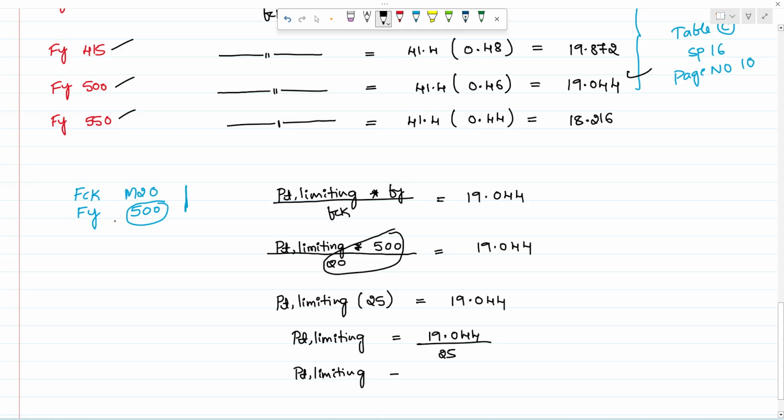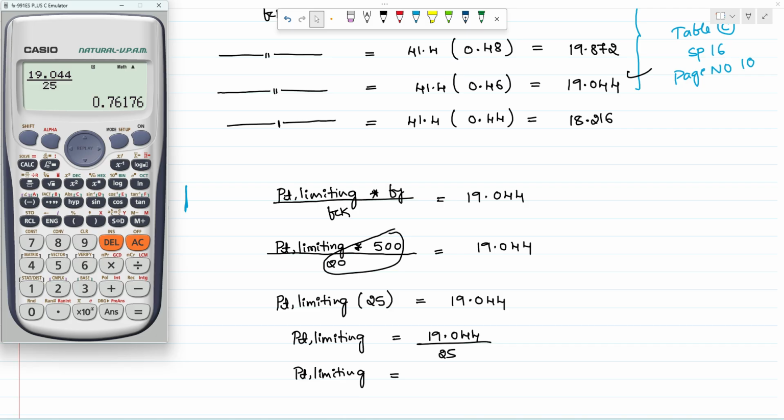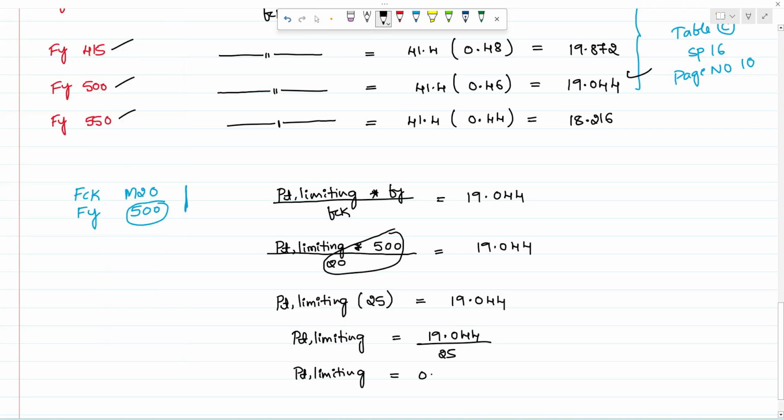So limiting percentage of steel is 0.76. Which means whenever you are using M20 grade concrete and Fe 500 steel, this is the maximum percentage of steel that has to be used. So 0.76.